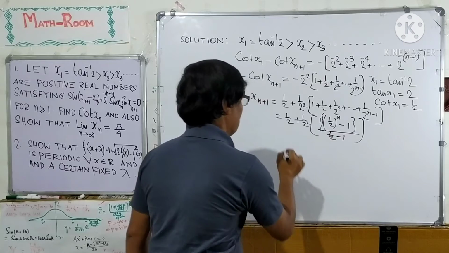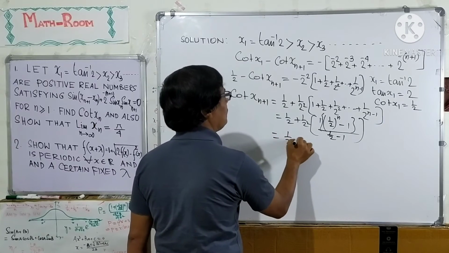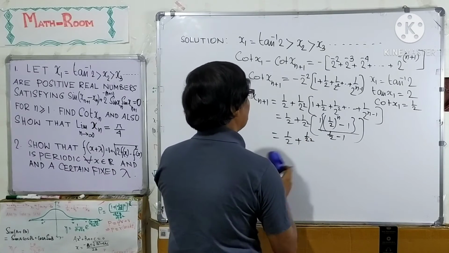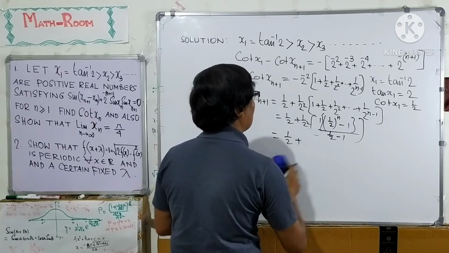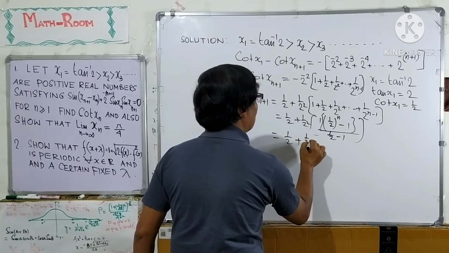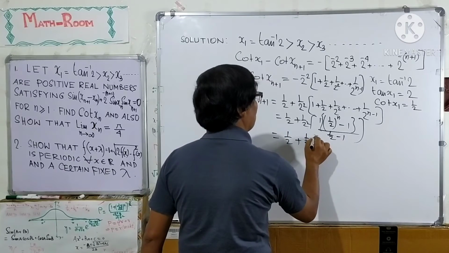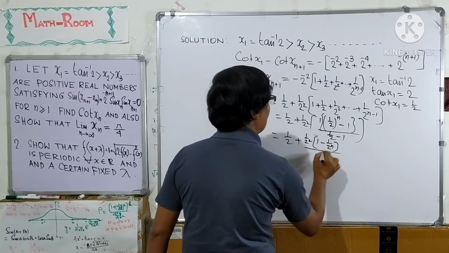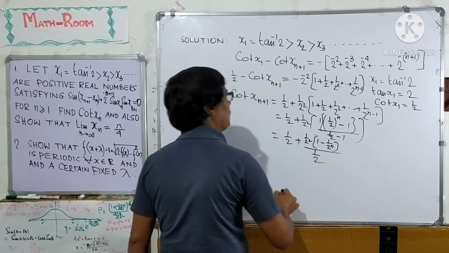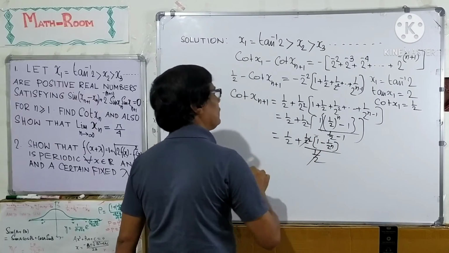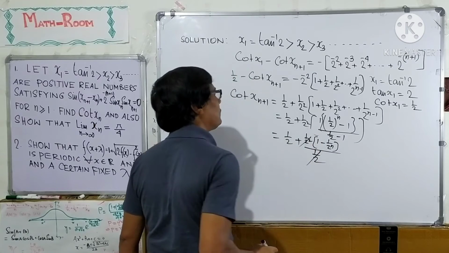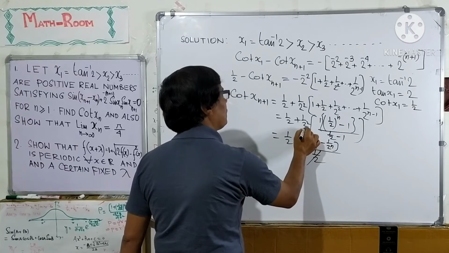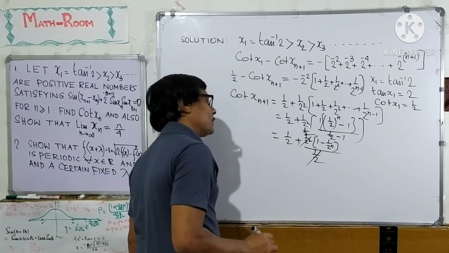So, this is 1 over 2 plus 1 over 2 square into 1 minus 1 over 2 to the power n over 1 over 2, and the 1 over 2 is cancelled out in numerator and denominator. We get 1 over 2.